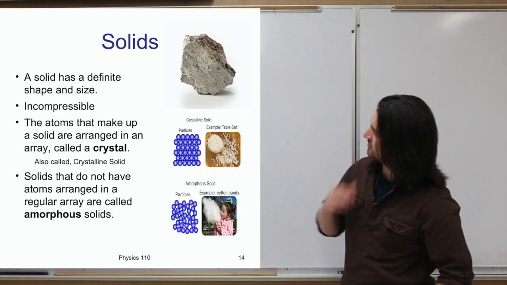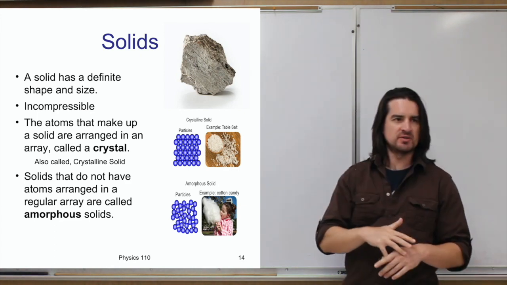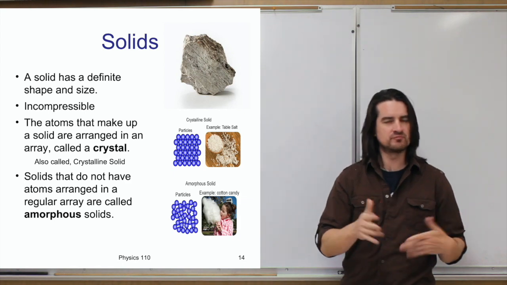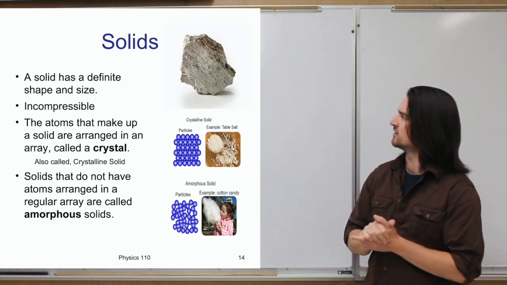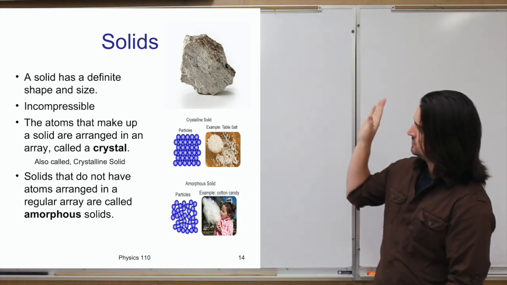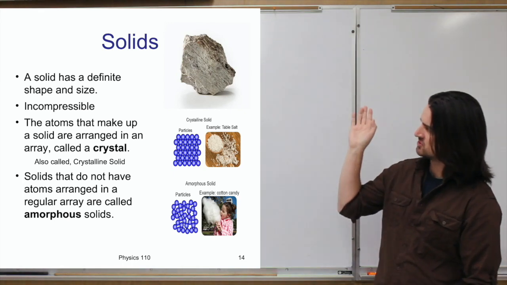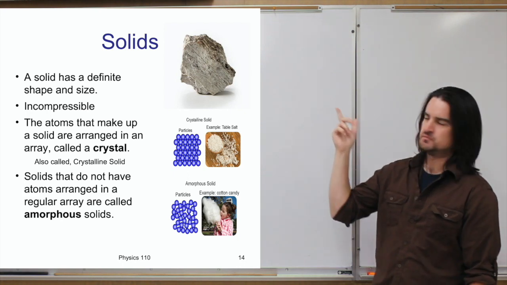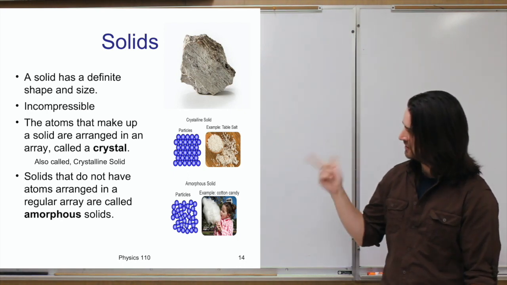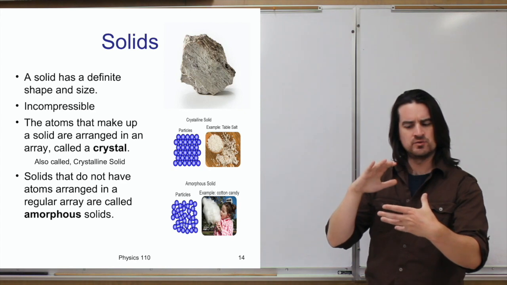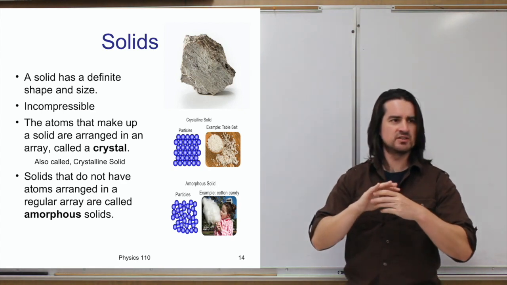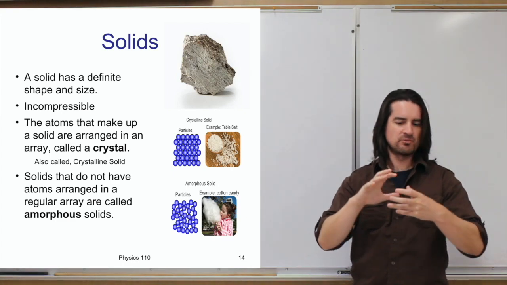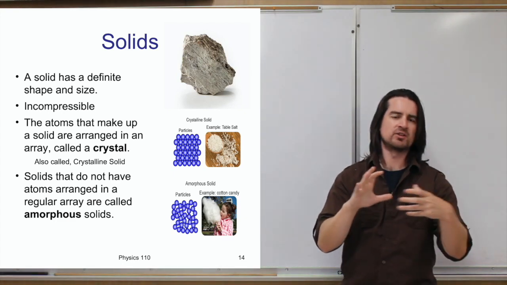Alright, so what is a solid? Well, you could be more detailed in defining these things, but we're going to give basic properties and just work with that. So a solid is something that has a definite shape, has a definite size, like that rock. It is incompressible, meaning if you try to squeeze it, you might change the shape of it, but you're not pushing the atoms that make it up any closer together, really.